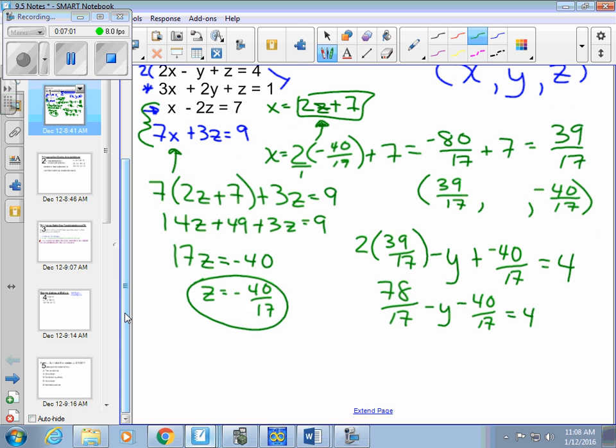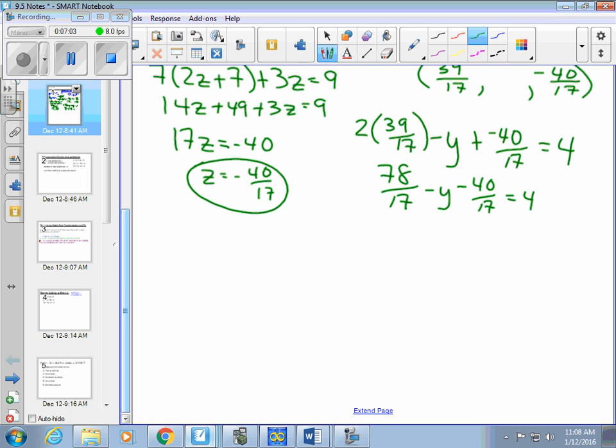Hopefully you're punching away. I'm going to move the y to the other side and move the 4 over here. So 78 minus 40, I have common denominator there, gets me to 38/17 minus 4 gets me to my y.